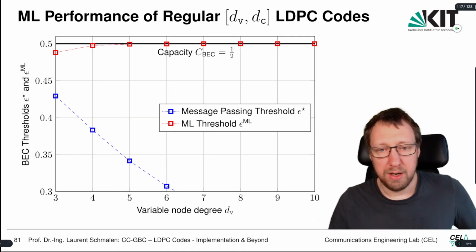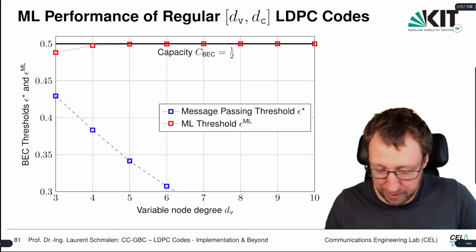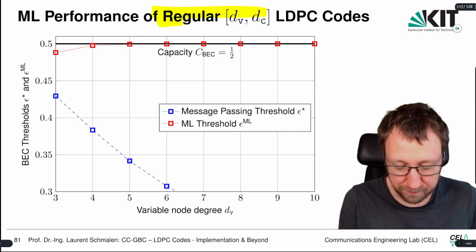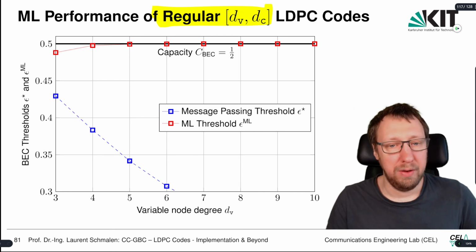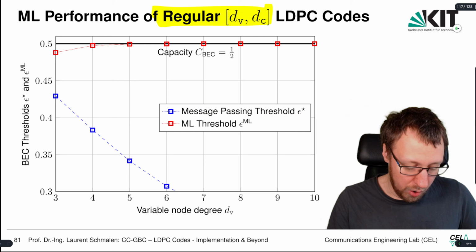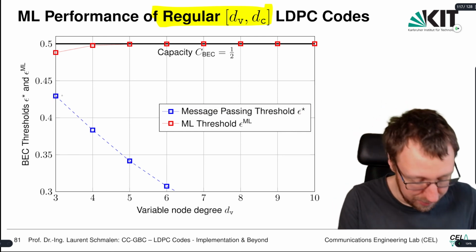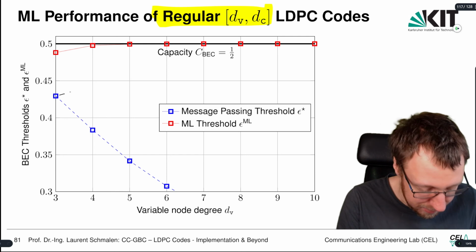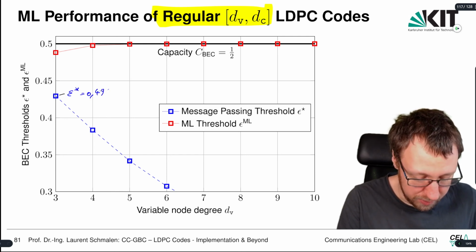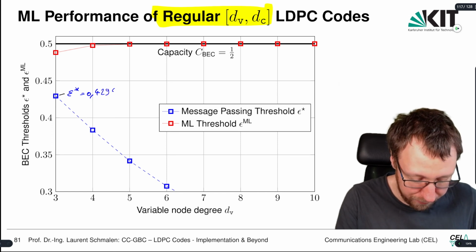So here we show the performance of the threshold. We have (dv, dc) regular LDPC codes, and we plot the message passing threshold epsilon star. We saw this one is largest for dv equals 3, where epsilon star is 0.42944.